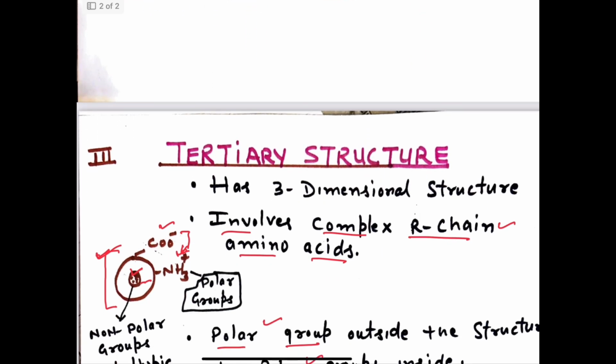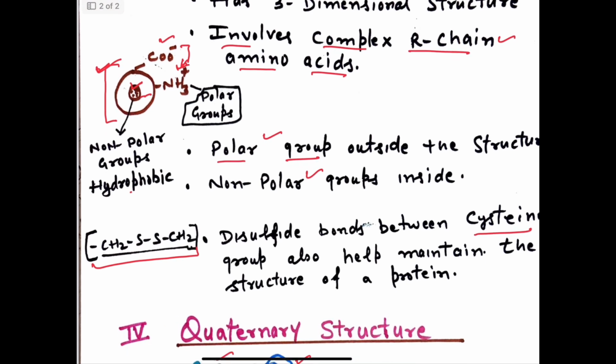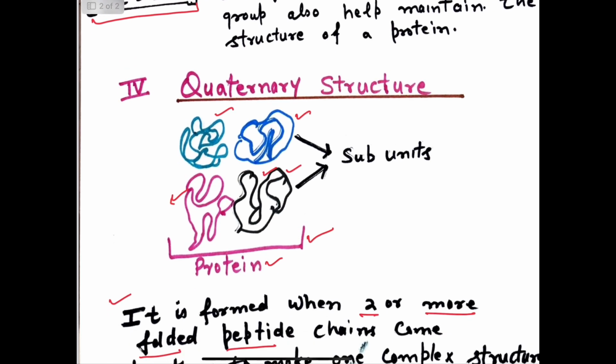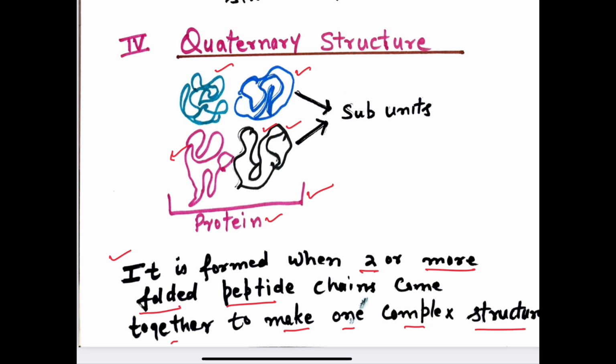Third one is a tertiary structure. It has polar groups outside, non-polar groups inside, and disulfide bonds for stability. And quaternary structure. Folded proteins come together and make a big protein. And that's it for all four structures, guys.